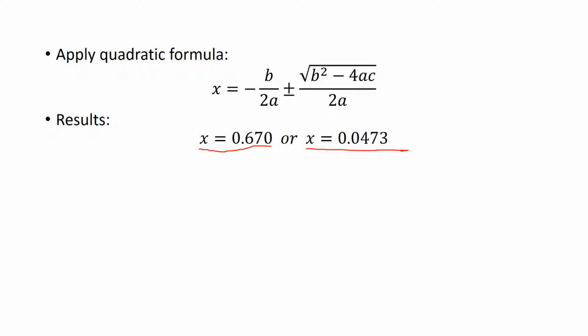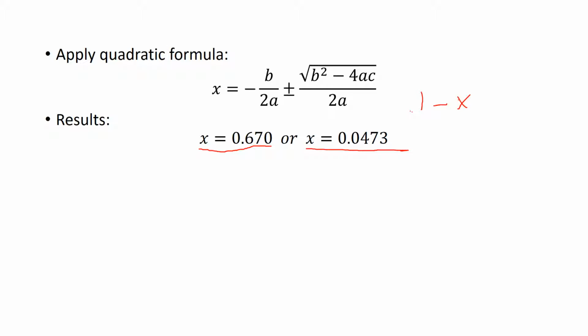If you recall before that the bromine, for example, in the equation was 0.1 minus x. If the bromine is 0.1 minus x, notice that x cannot possibly be 0.670, because that would give me a value of bromine less than 0, a negative value, and concentrations can't be negative.